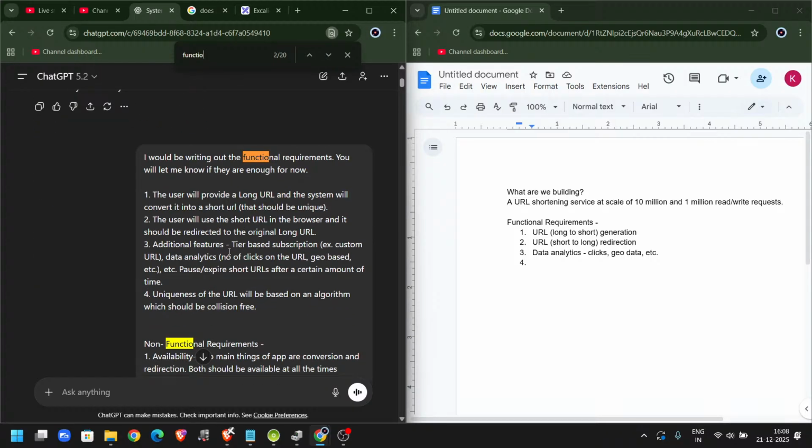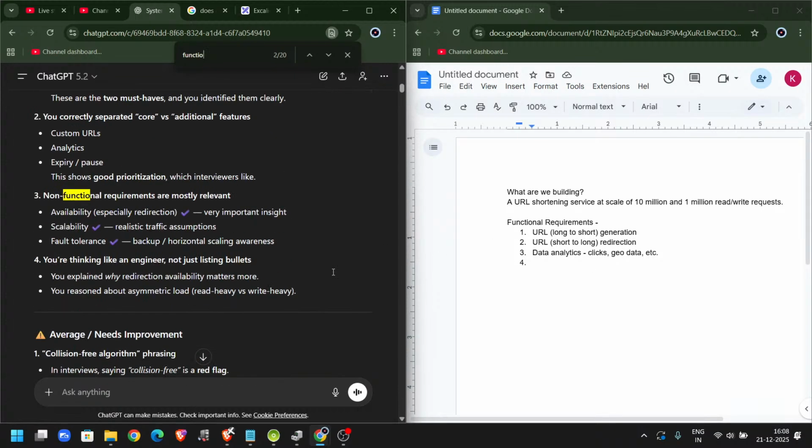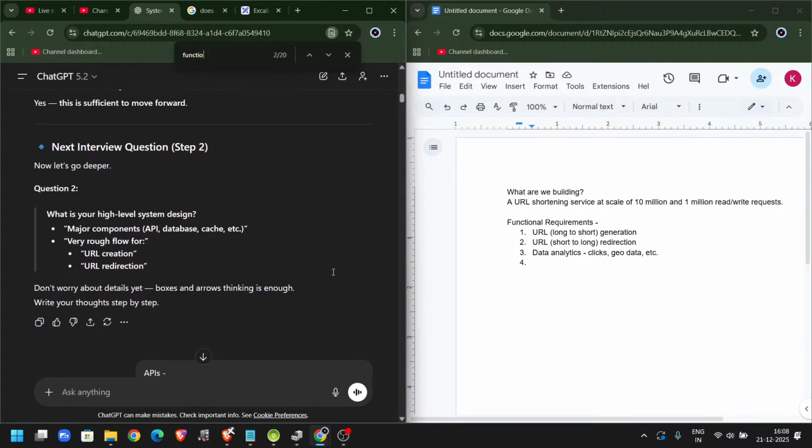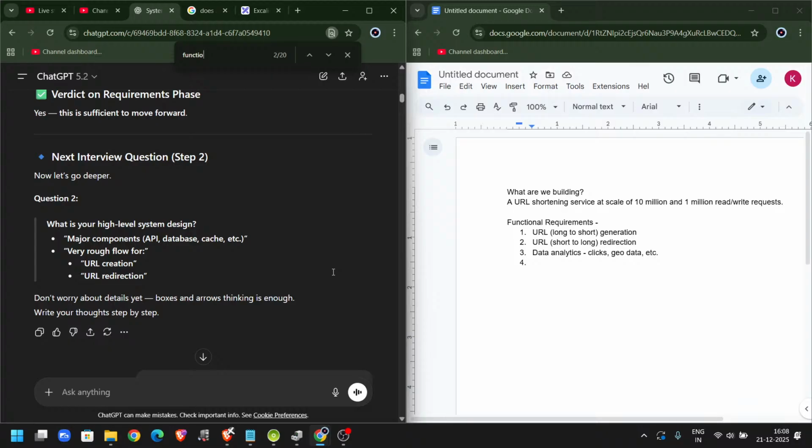Long URL. Okay. What else? टायर बेस्ड कर दें क्या इसको? टायर बेस्ड सब्सक्रिप्शंस. आई थिंक काफ़ी है, फंक्शनल में काफ़ी है.